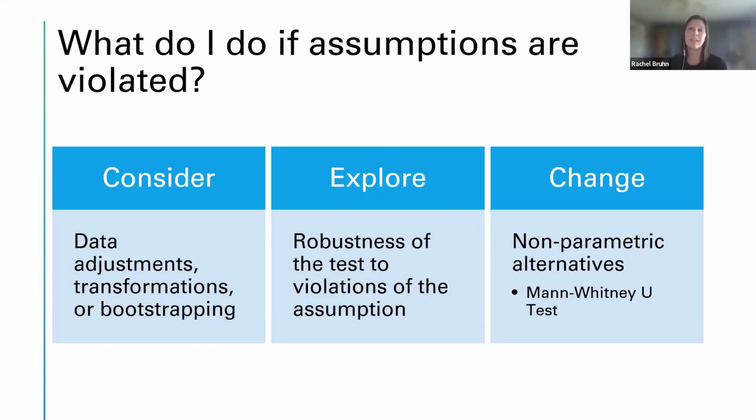So if my data violates the assumptions, especially if it's multiple assumptions or if it's severe violations of the assumptions, then we could do the Mann-Whitney U instead. And that test doesn't have assumptions like normality and things like that. It works with ranking instead. So you could consider changing, which would mean getting familiar with the assumptions for that test and understanding the limitations of how you can interpret the results and things like that.